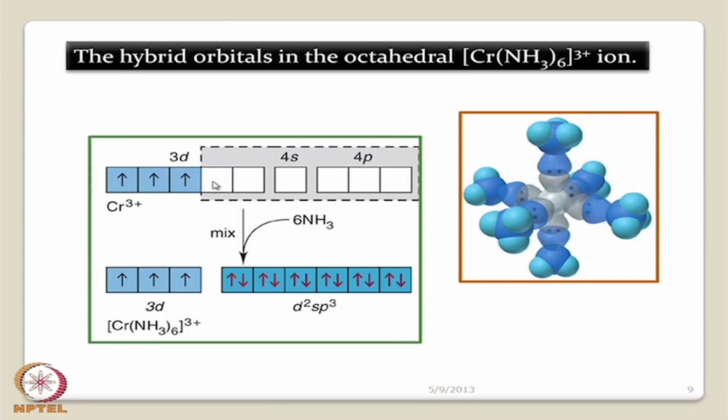We will utilize one more d for this octahedral hybridization scheme, which is d2sp3, and we have 3 unpaired electrons in the free ion configuration. So those 3 are still remaining with our compound. So it shows 3 electron paramagnetism for octahedral hybridization d2sp3, and this is one type of hybridization where inner d orbitals are utilized.